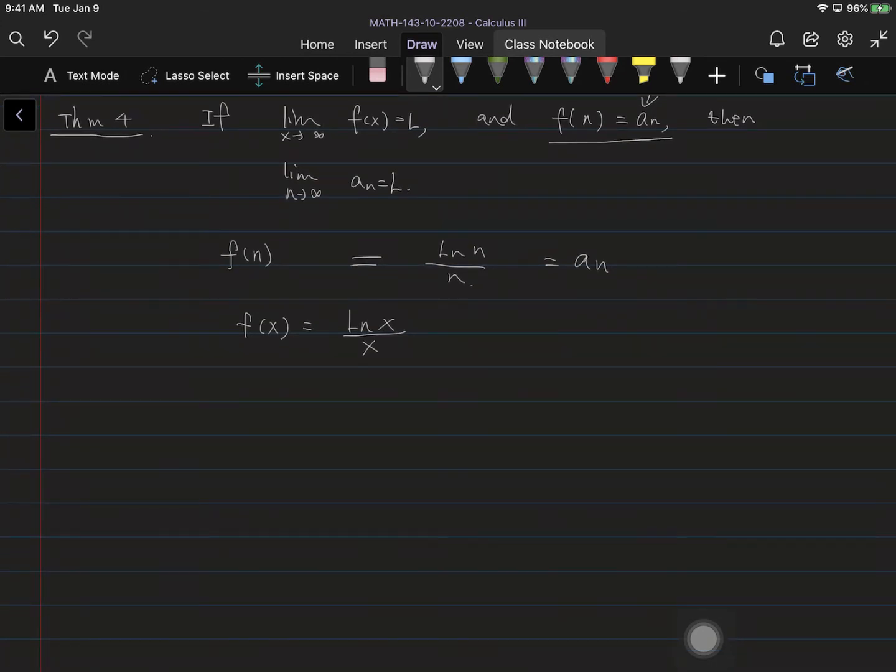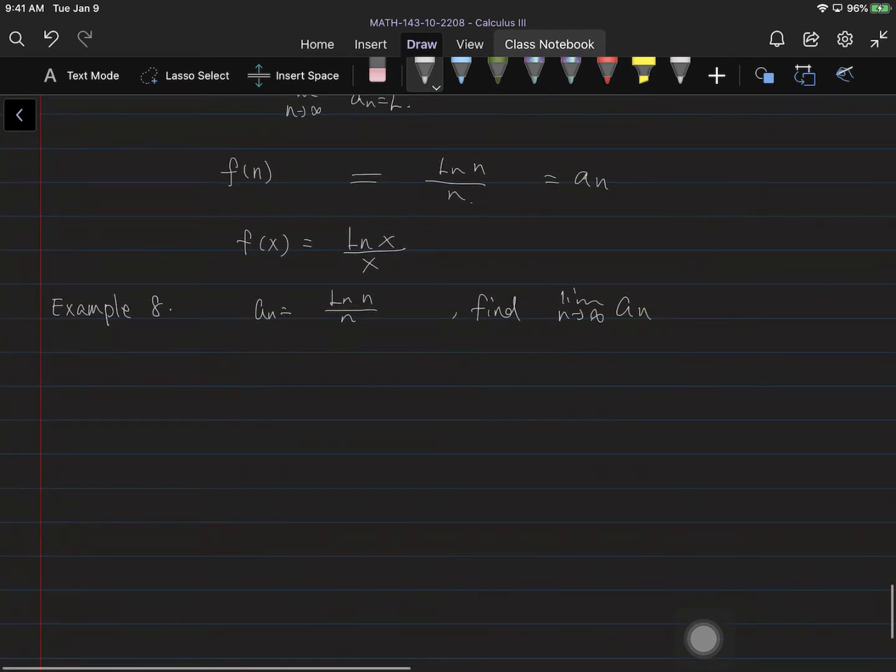Now I'm going to show you in an example. Let's take a look at the same sequence, a_n equals ln n over n. If we want to find the limit of this a_n, we want to use L'Hopital's rule, but we cannot use it directly on this sequence. We need to use it on a function.